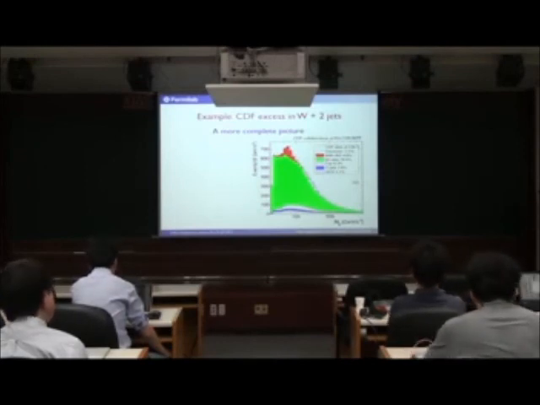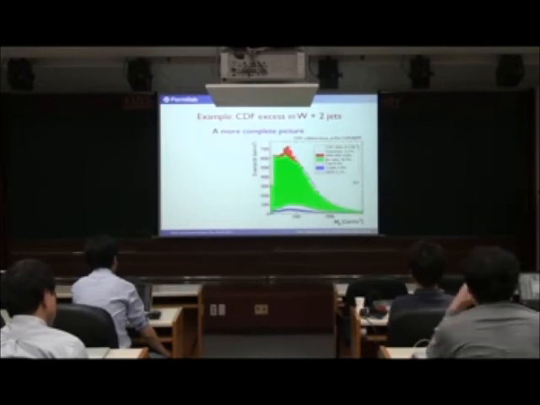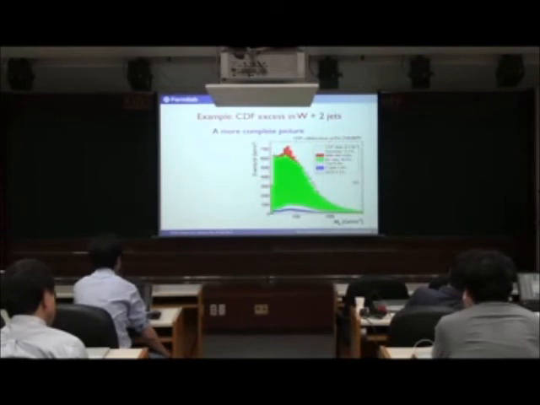But the CDF have done everything that we as theorists have asked for. They have compared to next-to-leading-order calculations, which means a better simulation of W plus jets, which, as you can see here, is really the main background.